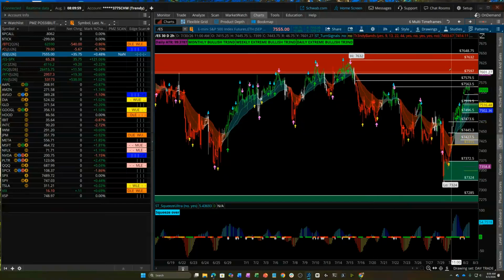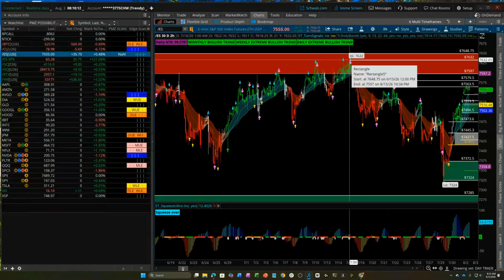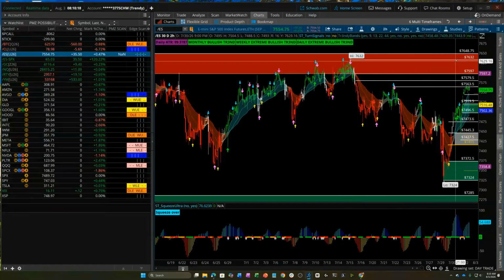All right, anywhere near this upper monthly edge, all the way up to the all-time high, we have supply here. The most recent high that was created towards the middle of July was 76.32. I have that marked as a level inside of this supply zone.